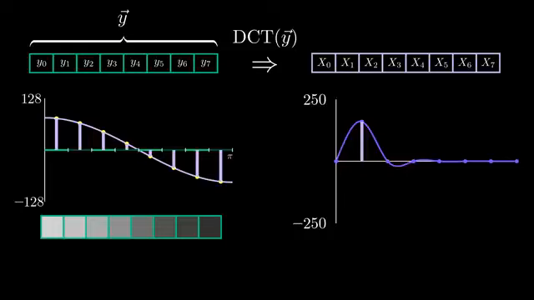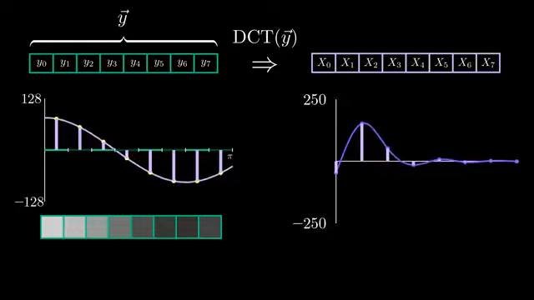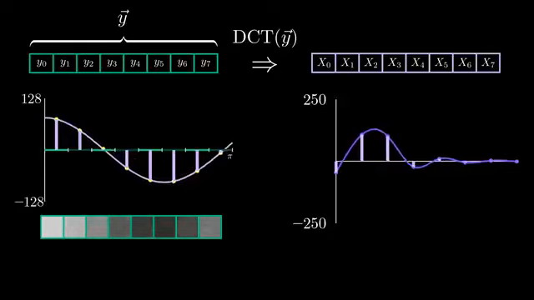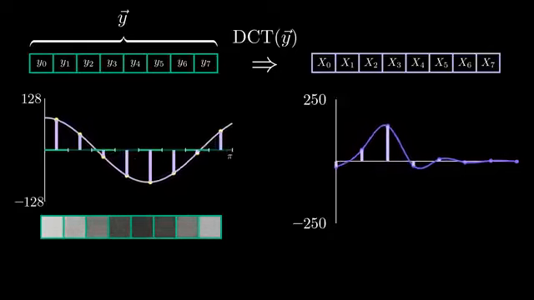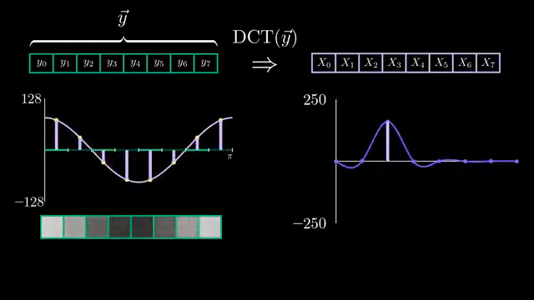Another parameter of cosine waves is the frequency. What we're going to do now is show the DCT coefficients as we wind up the frequency of this cosine wave. I'll keep the sampling strategy we discussed earlier consistent among all frequencies. Let's see what happens. As we increase the frequencies, we get a few different DCT coefficients for the respective cosine wave. That is, until we get to this cosine wave.